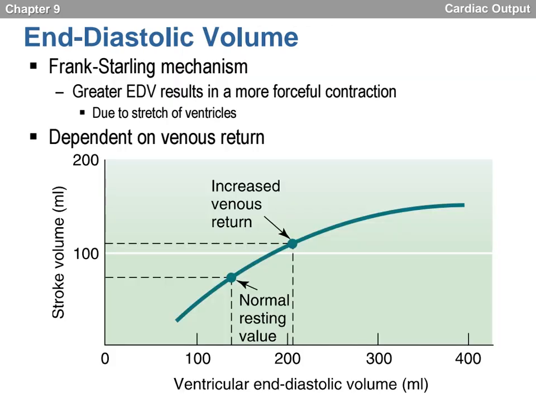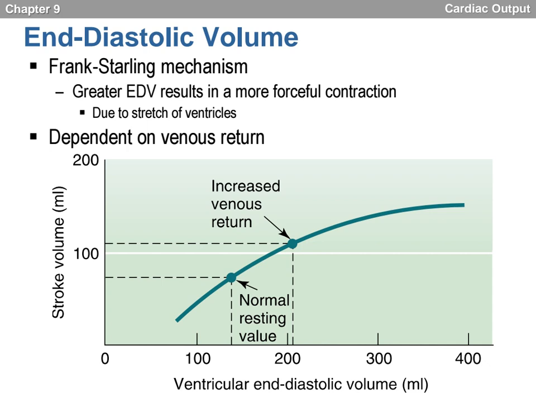The end diastolic volume is very important for a few different reasons. One is simply the more volume of blood you have in the ventricles during diastole, the more blood you can eject later in systole. But there's another interesting mechanism, determined by two different physiologists, Frank and Starling, often referred to as the Frank-Starling mechanism.